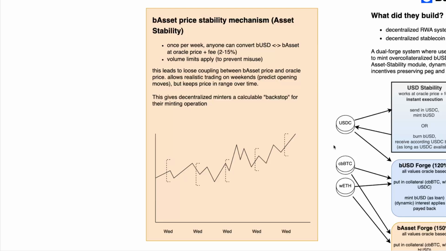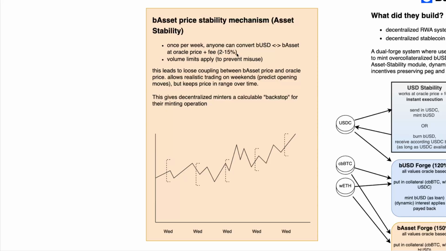And I think that's pretty unique within the space, that it's done like that, because there are no continuous mechanisms or something like continuous fees or anything, but they define one time per week where you can trade or convert based assets, a B asset to BUSD or back, at the Oracle price plus fee.